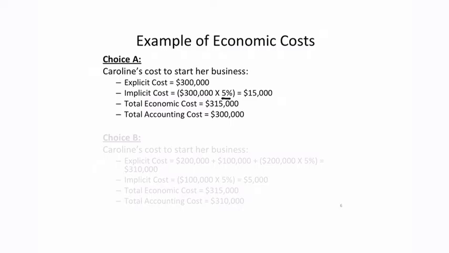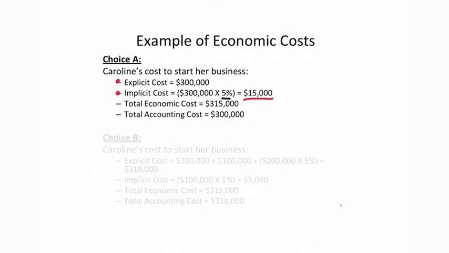So by pulling out the $300,000, she is losing the opportunity to gain $15,000 in interest income. So her total economic cost is going to be $315,000, the sum of her explicit costs and her implicit costs. Now, if you asked an accountant, they would say that her cost would be only her explicit cost, the $300,000.